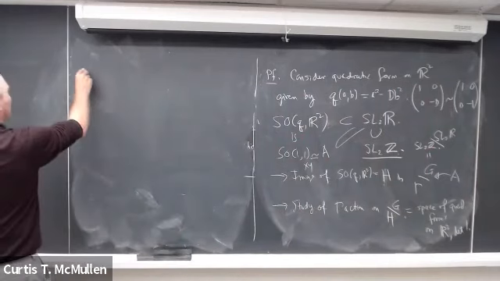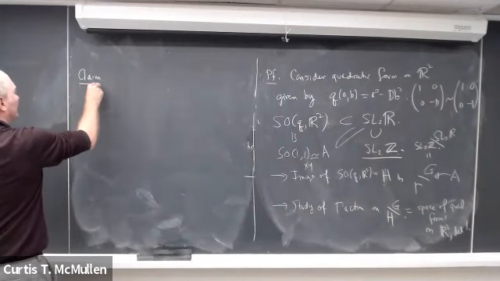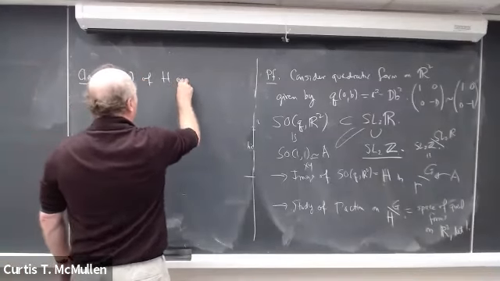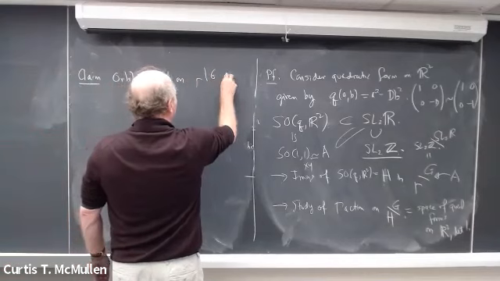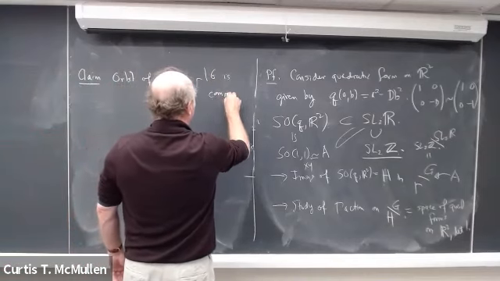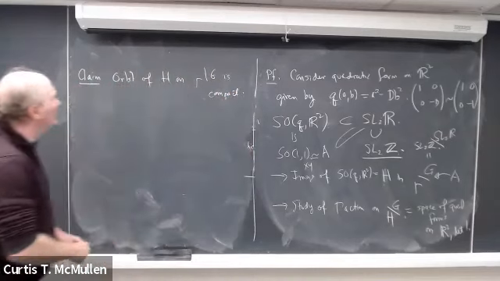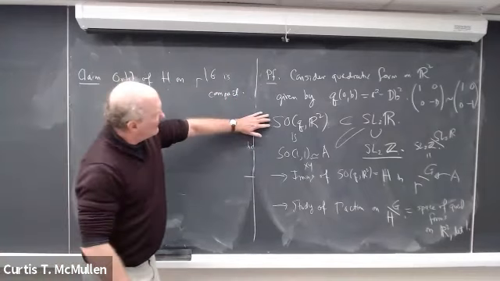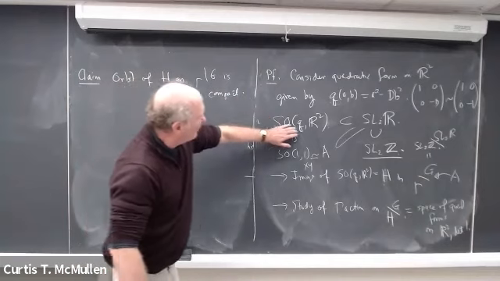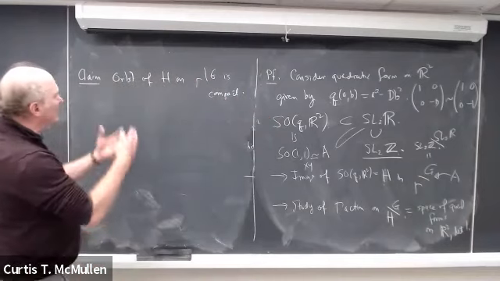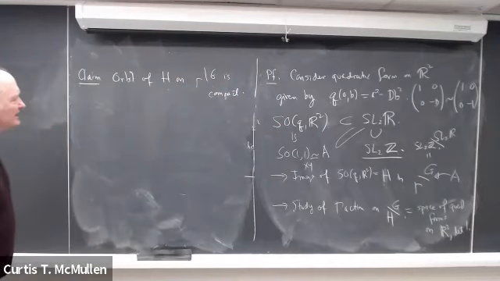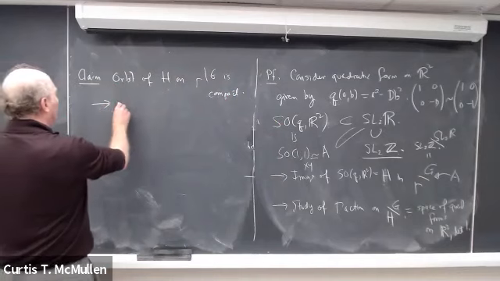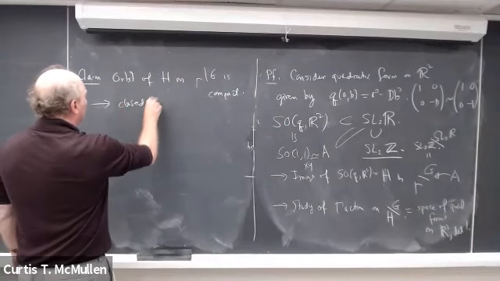And so the claim is that the orbit of H on gamma mod G is compact. In other words, if we take the Z2 lattice and we start applying to it symmetries of this form, SO(Q)(R), we get a compact space of lattices. So to prove it's compact, we have to prove it's closed and bounded.